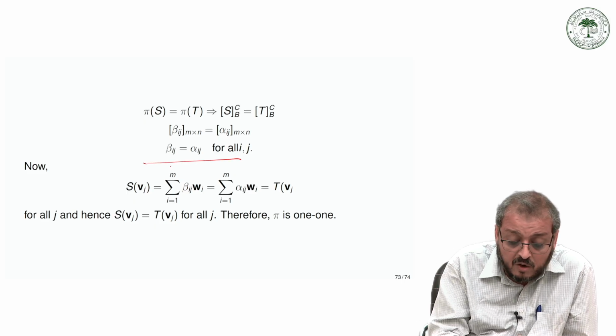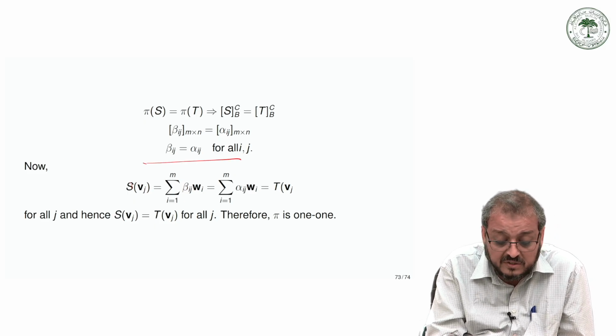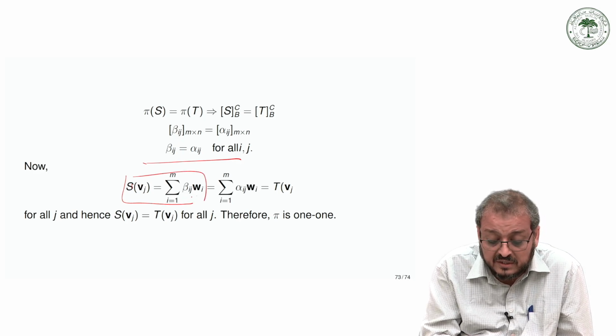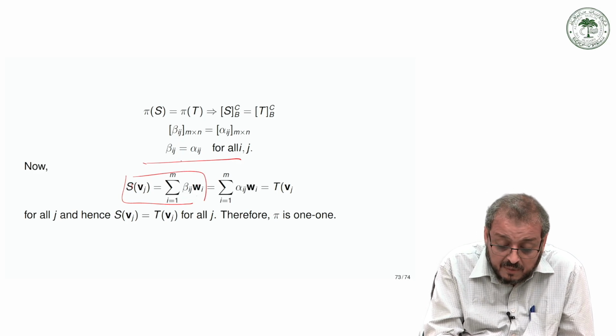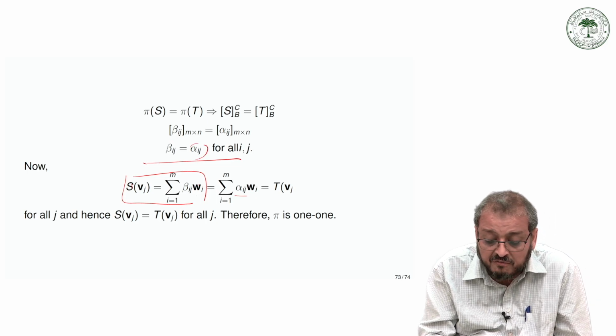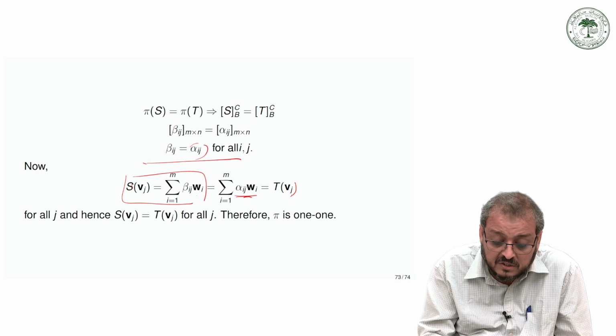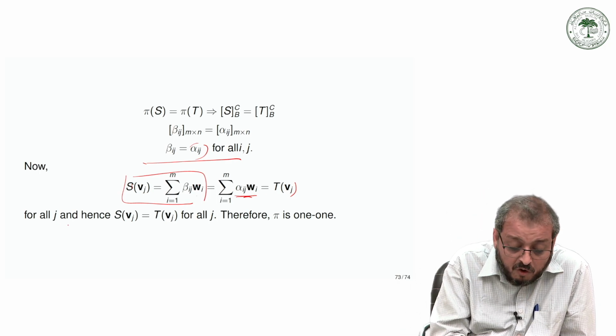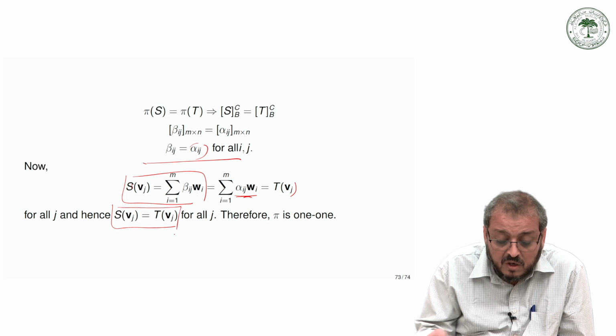Now S of Vj is equal to the sum of beta ij Wj, and beta ij is the same as alpha ij, so this can be written as the sum, i running from 1 to m, of alpha ij Wi, and this is the same as T of Vj. So for all j, S of Vj is equal to T of Vj.